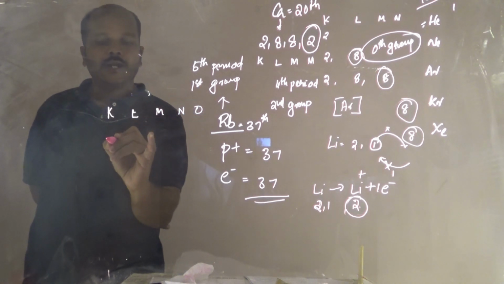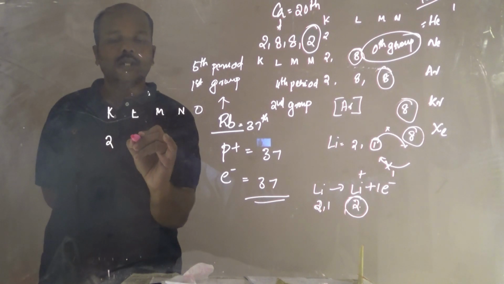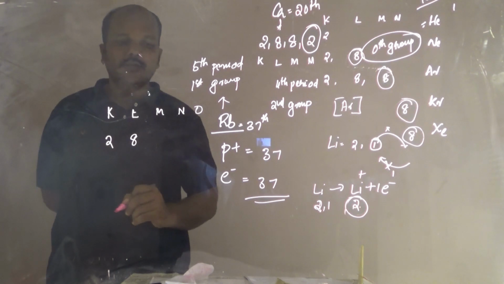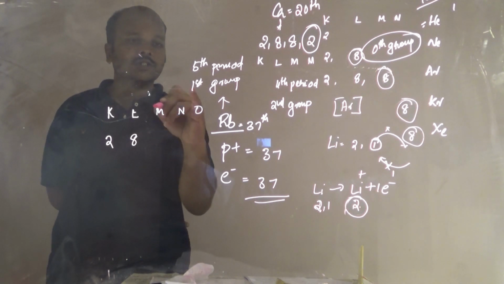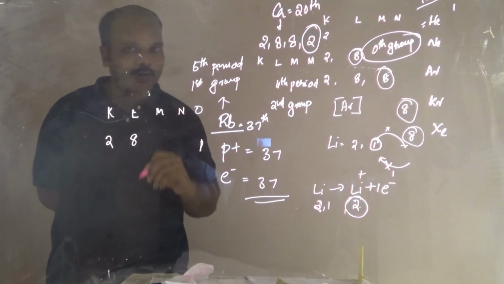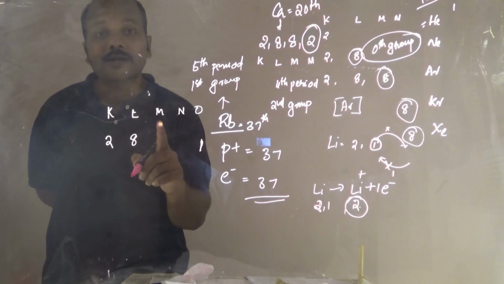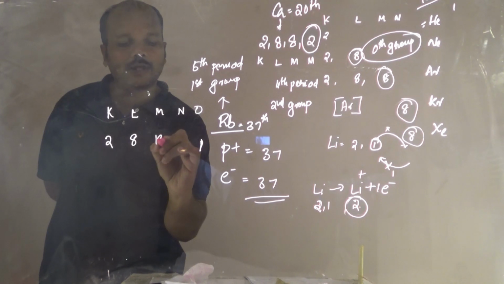In the K shell the maximum capacity is 2, and in the L shell the maximum capacity is 8. In the outermost shell, since it is in the 1st group, we can easily write that O is going to have only 1 electron. The M shell can accommodate a maximum of 18 electrons, so we write 18.